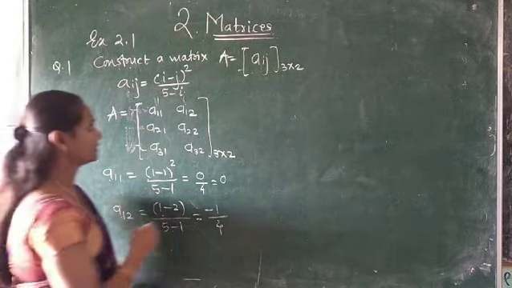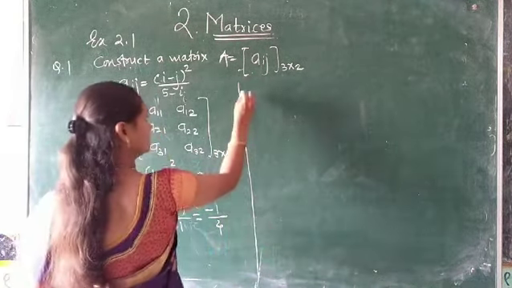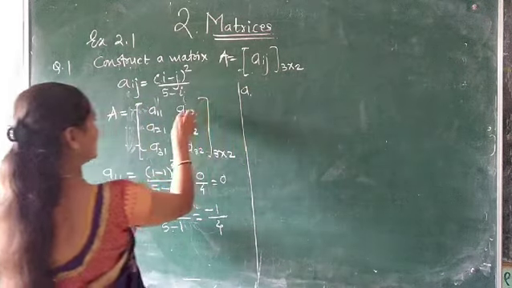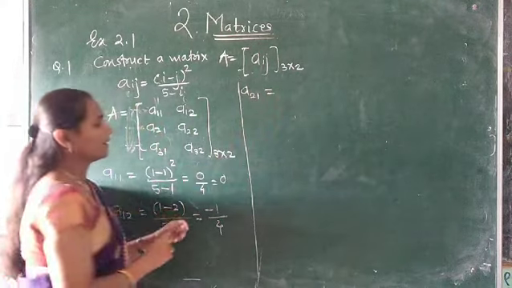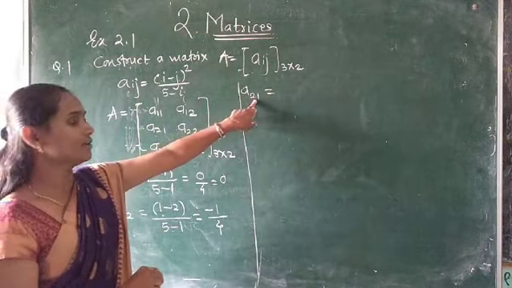Now next, we don't need A13. Second, A21. Here the value of i is 2 and the value of j is 1.